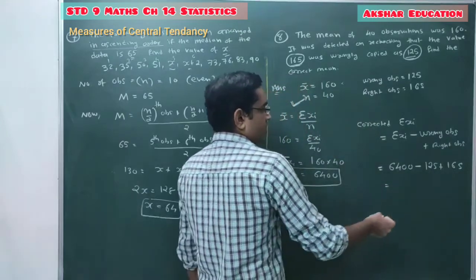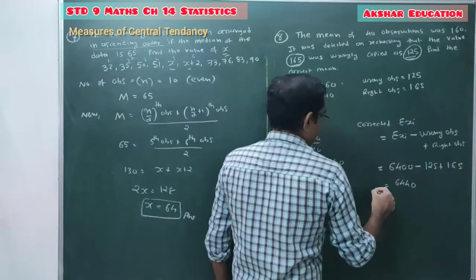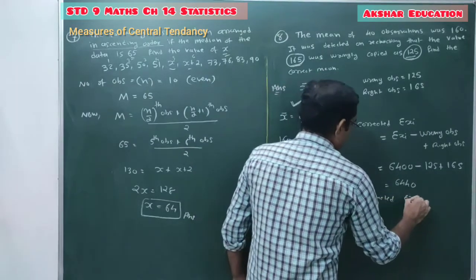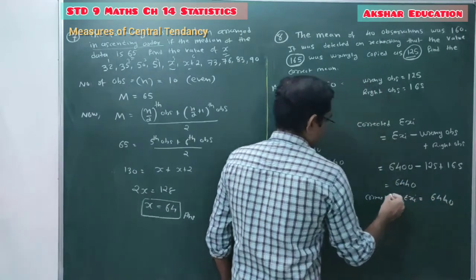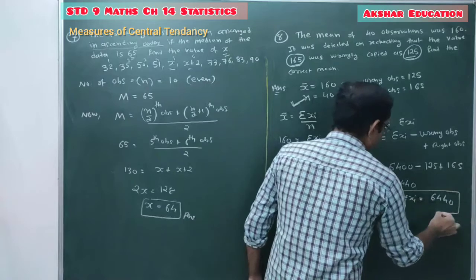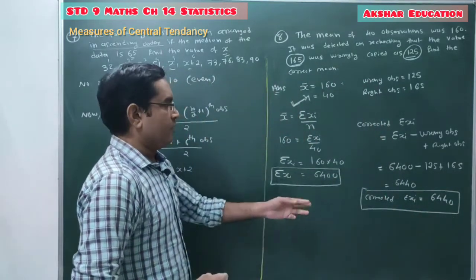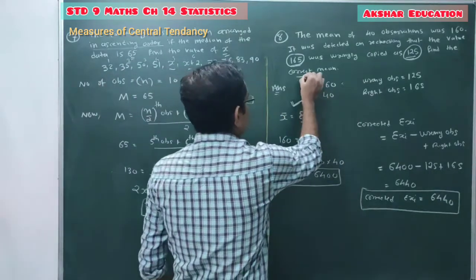Clear, students? So what difference comes? 40. So it's 6440. That is our corrected sigma xi, the corrected sum of observations. The number of observations is 40, so we'll get the correct mean.